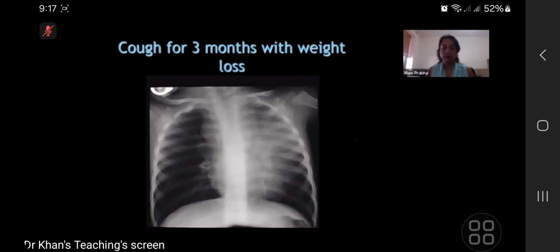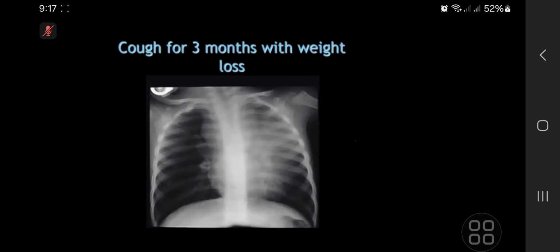Looking at the bone specifically, I can see possible resorption of the left lateral clavicle and what appear to be some destructions of the left humerus, especially the humeral head and also the epiphysis. Given the history of weight loss, I'm thinking of a more sinister underlying condition.